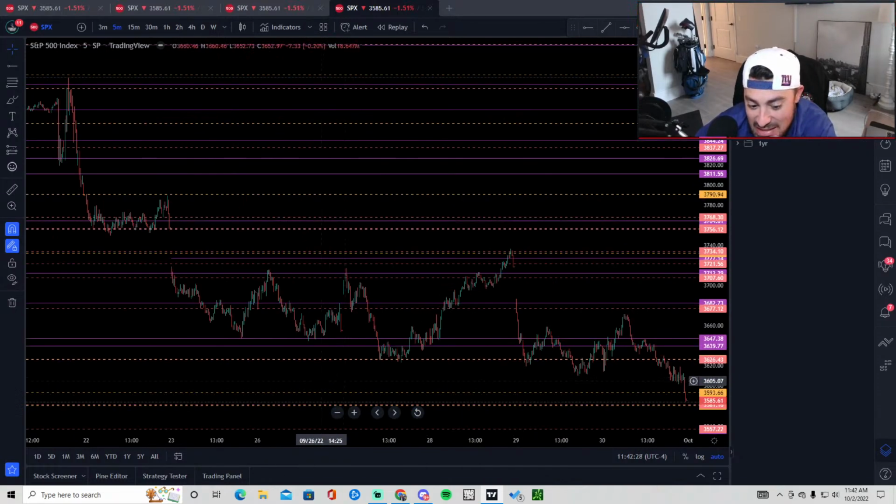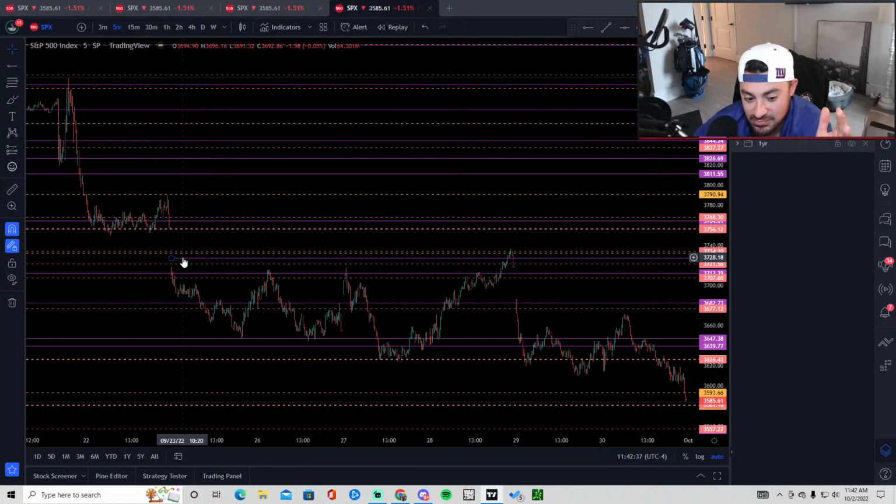On the 5 minute, the purple lines are obviously the yearly time frames, and then orange or yellow is 6 month, and then red, pink is your 3 month. When you see things close together, you realize how important that level is, because it can be a significant level.